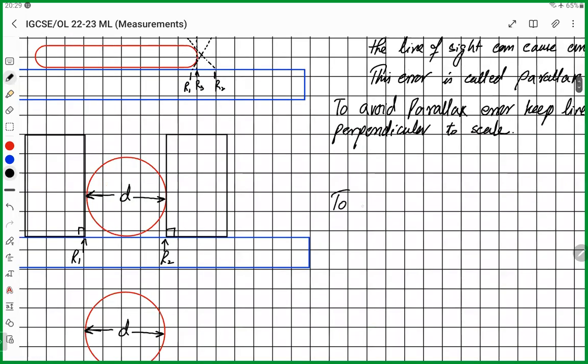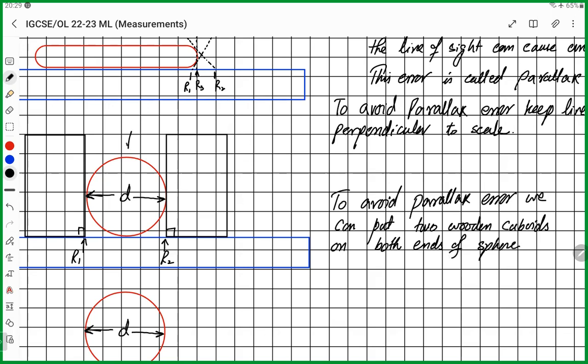To avoid parallax error, we can put two wooden cuboids on both ends of the sphere.